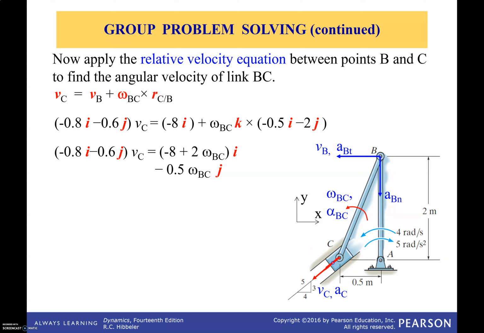You have this 4, 3 angle, so you can write that vector as minus 4i minus 3j, and then you can divide by the square root of 4 squared plus 3 squared, and that will give you the unit vector in this direction.